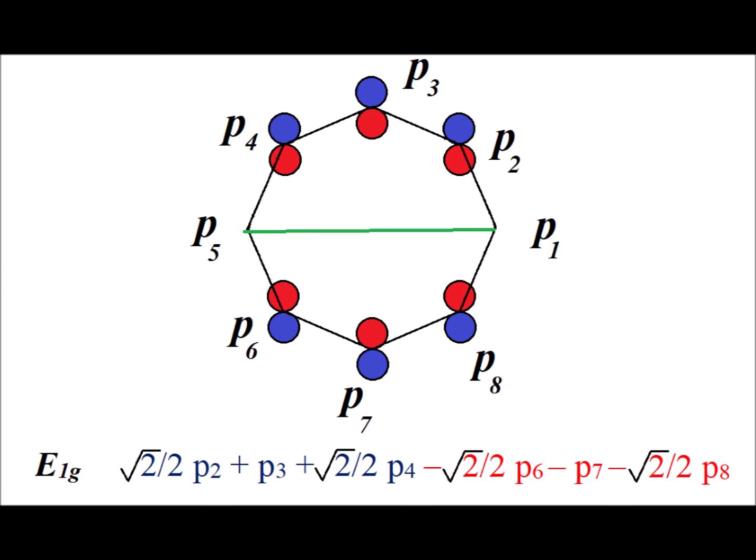Here is the first of the E1G combinations. And notice that we have denoted the nodes by a green line. So therefore, E1G has exactly one node.